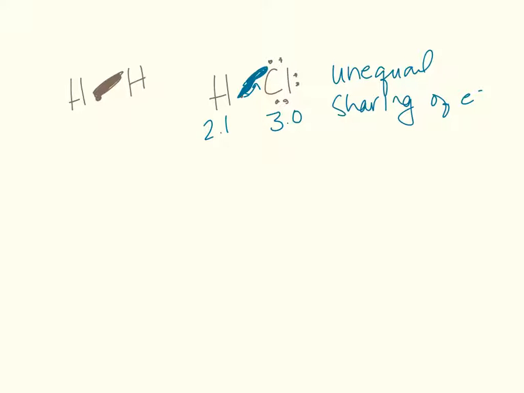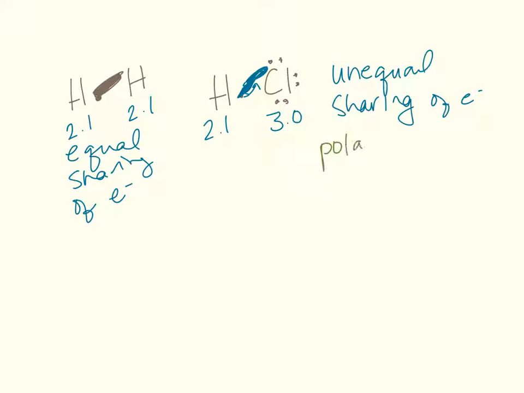And so that's an unequal sharing. While hydrogen in this one, in this compound, is 2.1, and this is 2.1, and so they can both tug the same amount. And so this is an equal sharing. And so the unequal sharing is called a polar covalent bond, while the equal sharing is called a nonpolar covalent bond.